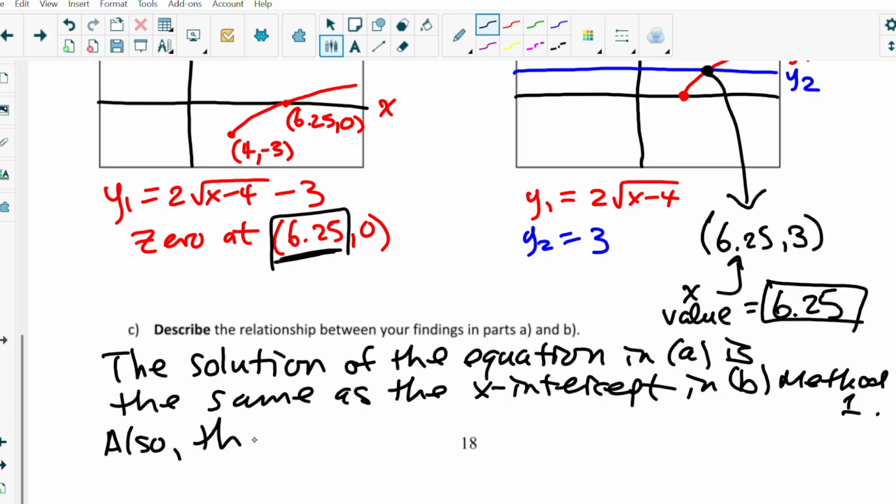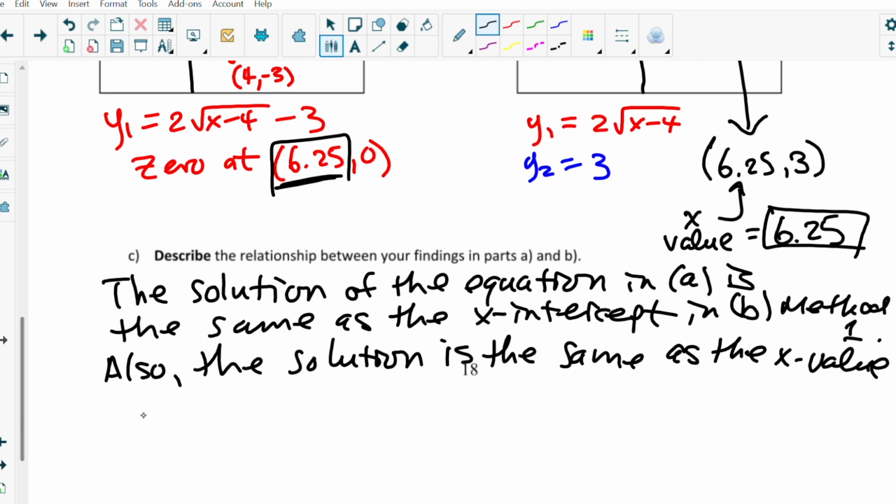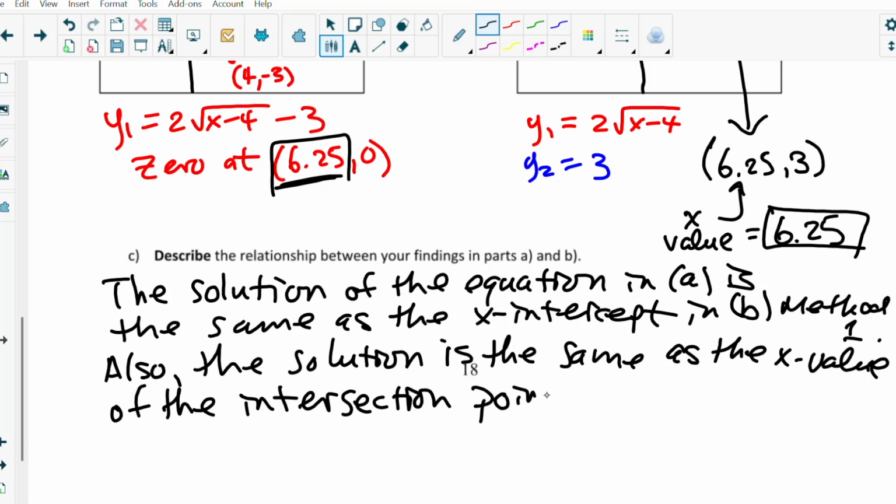Also, the solution is the same as the x value of the intersection point in B, method 2. Next page, let's do another example.